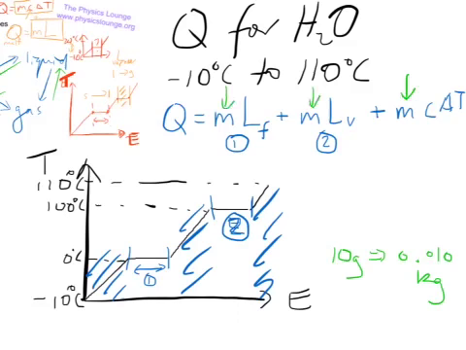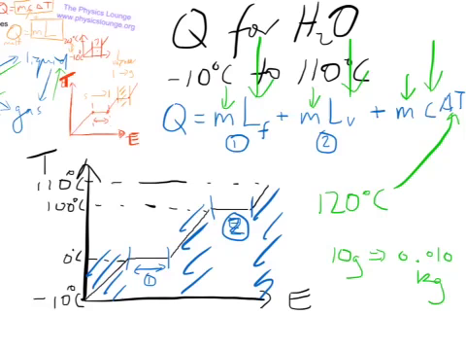The change in temperature in total is 120 degrees centigrade, and that's what we would put in there. And we would be given these 3 constants, and we would just plug those in. And remember that we're adding each of the individual sections. We'll add them up to find the total Q, and that's how it's done.